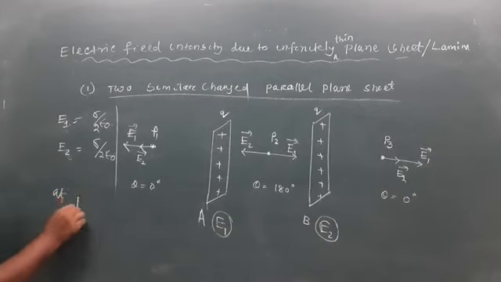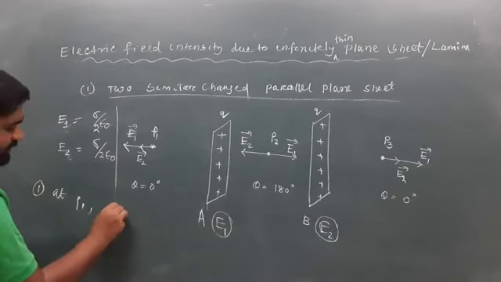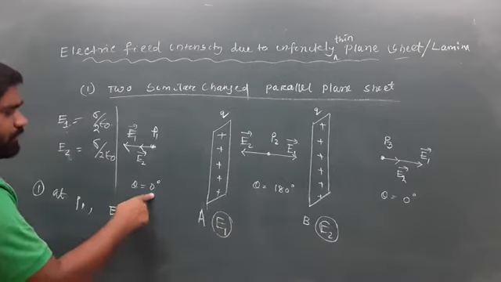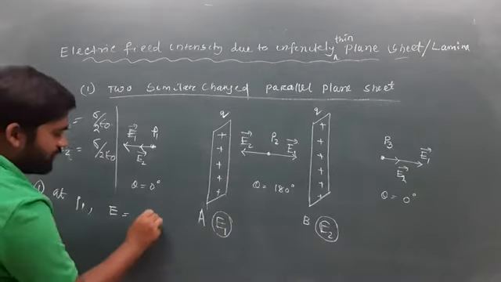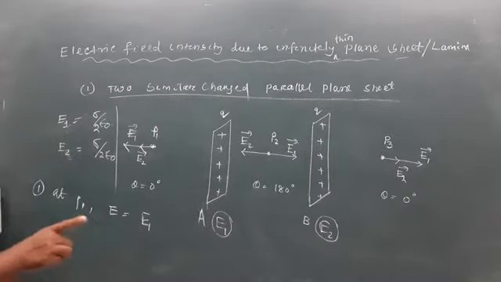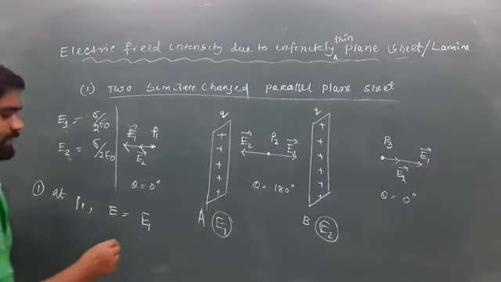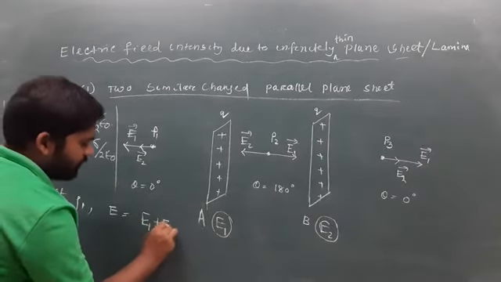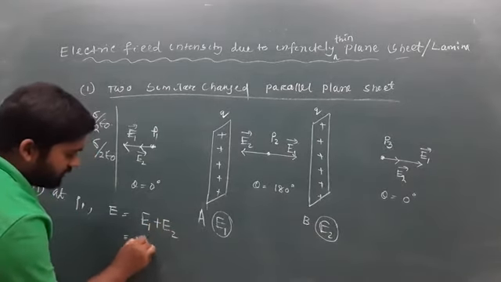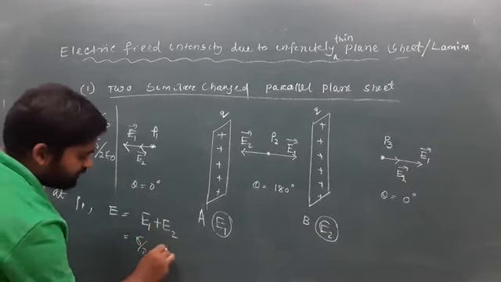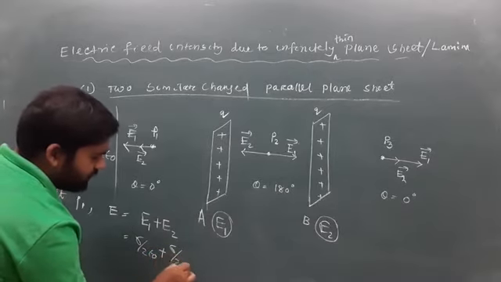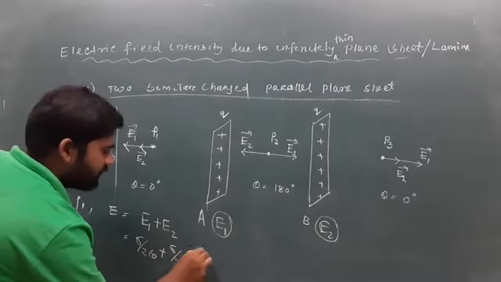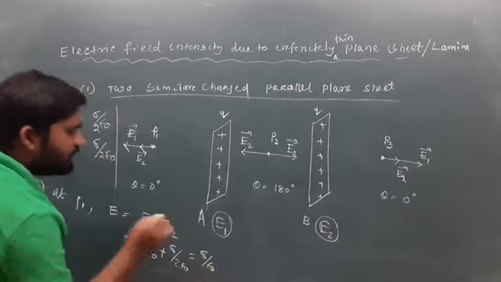Okay. So at P1, first case, at P1 resultant E equals to, angle is 0, so that will give root of E1 square plus E2 square plus 2E1E2 cos 0, that will be (A plus B) square type equation. So E1 plus E2, so that will be sigma by 2 epsilon 0 plus sigma by 2 epsilon 0, that will correspond to sigma by epsilon 0.